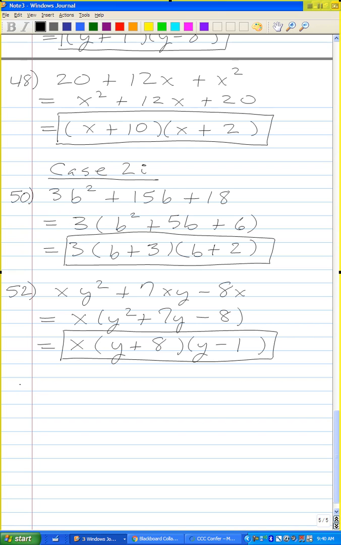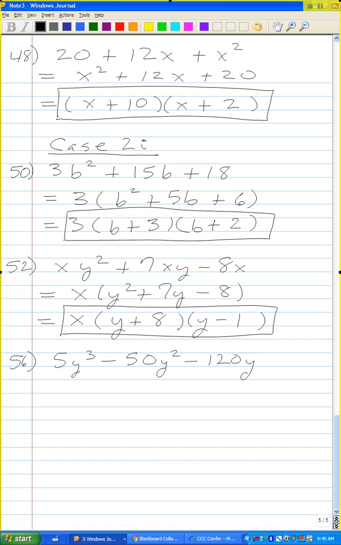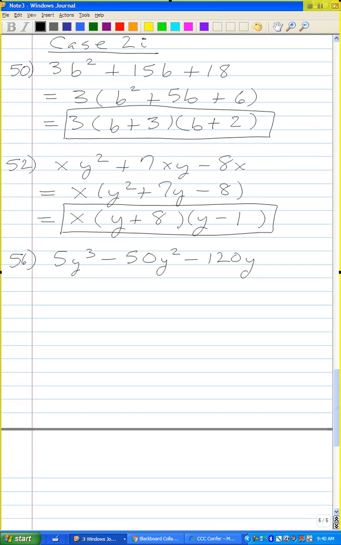Let me do problem number 56. 5y cubed minus 50y squared minus 120y. Okay, so the first thing that I notice is that, again, there's a factor in common. So let's factor out the greatest common factor, 5y. What remains is 5y cubed divided by 5y is y squared.